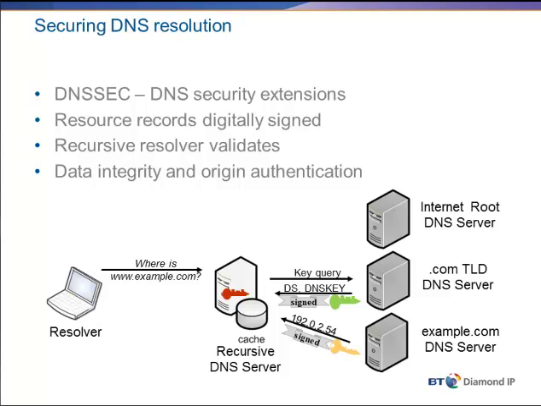And it'll come back and say, yes, my DS, or delegation signer, information indicates that that key has been provided to me by the example.com provider, and I now hereby vouch for it. Here's a hash of that key, and by the way, I'm signing this information, and here's my key. That information is then used to likewise query the internet root server, and it too vouches for the .com information.